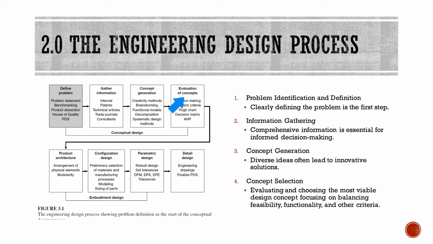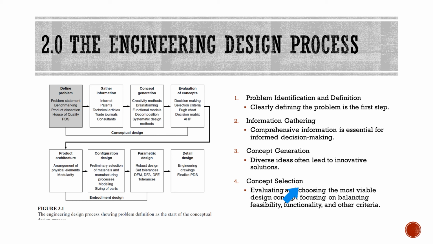Then after evaluation of concepts, we go into the product architecture, configuration design, and parametric design, and these 3 steps are also known as the embodiment design. Lastly, after we have finished the embodiment design, the final step is to make the detailed design.